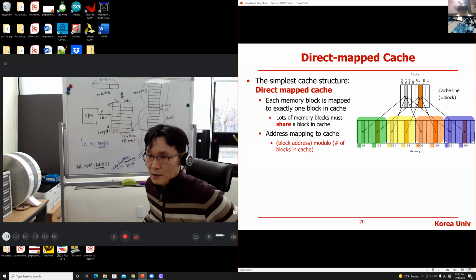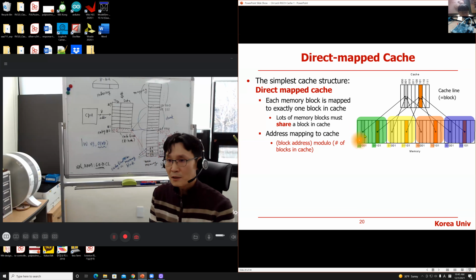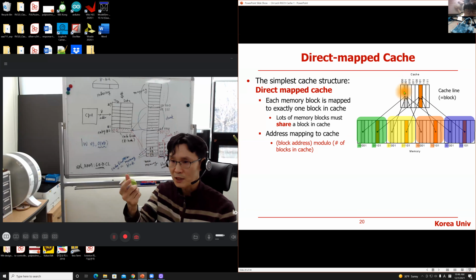So that is the one. This figure. So here, many different blocks, the second memory block in the green chunk, the second memory block in yellow, the second in orange and purple, all map to the same cache line, the same cache entry. So when you bring in, for example, this block in yellow, you have to record location information.